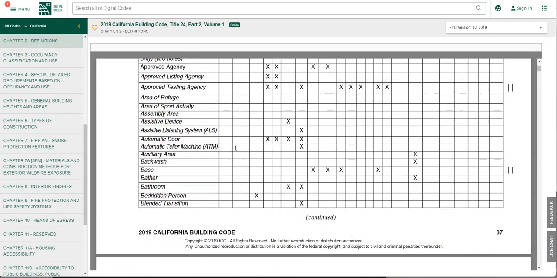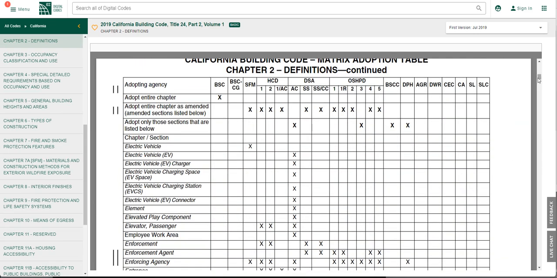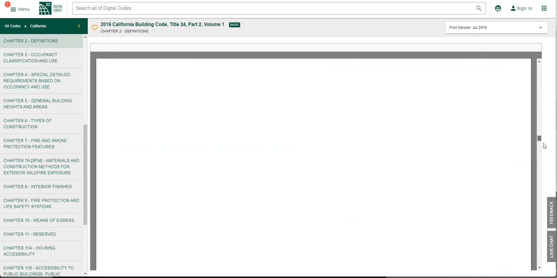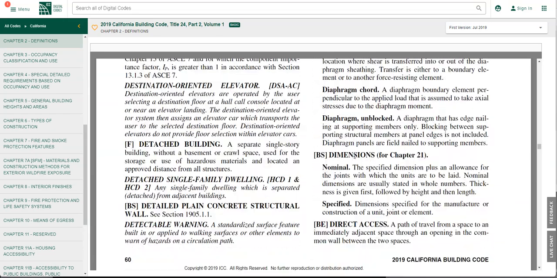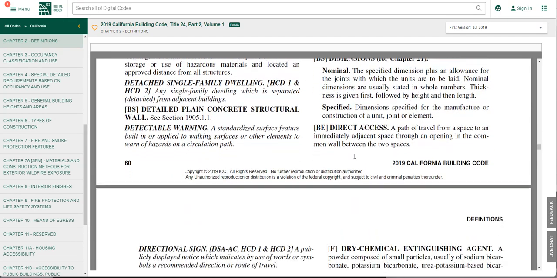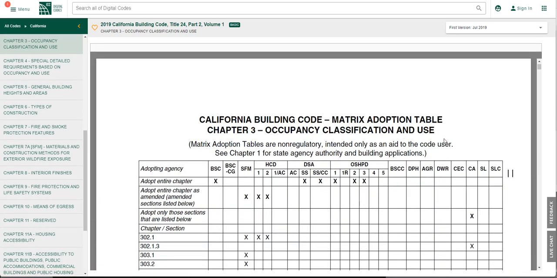You're going to see the definitions, how they adopted these books, and some words that define what a diaphragm is, dimensions, what direct access is, and all that other stuff. But we will start with occupancy classification.